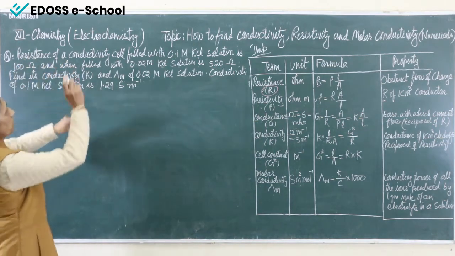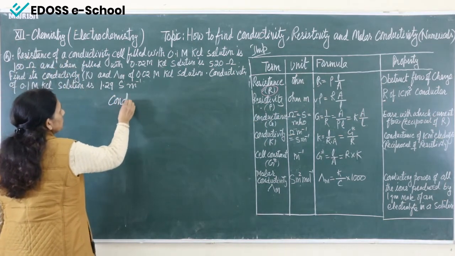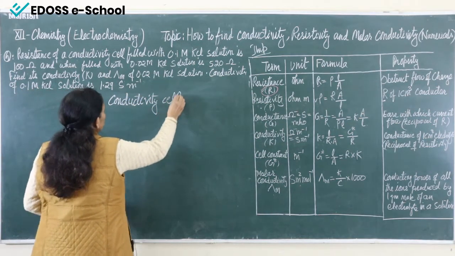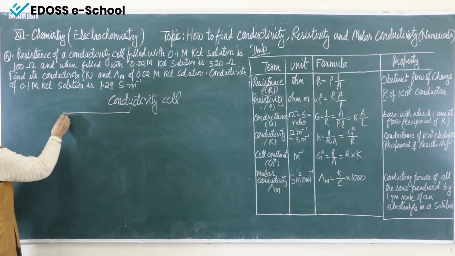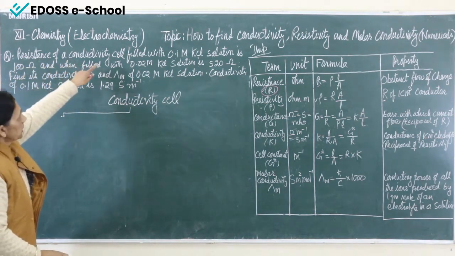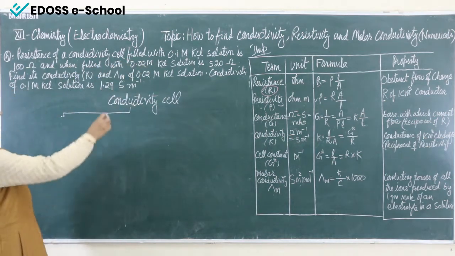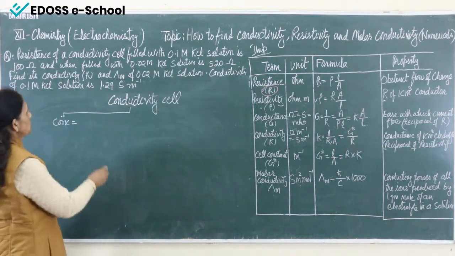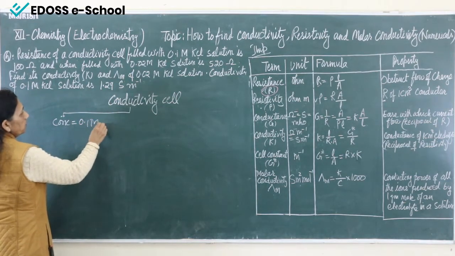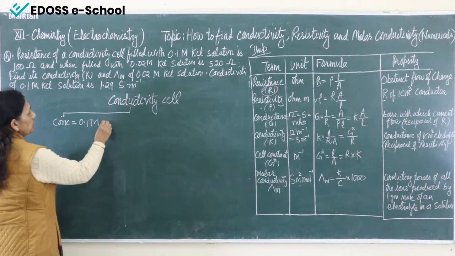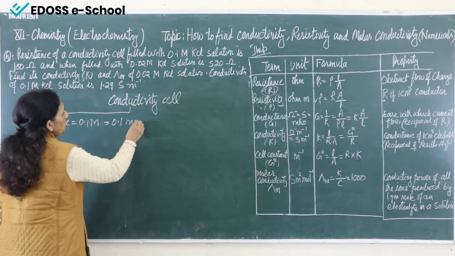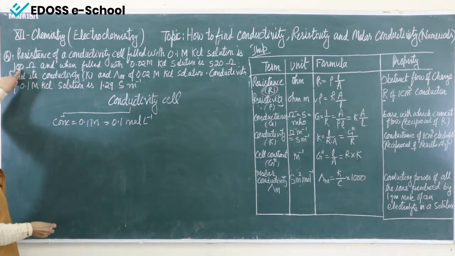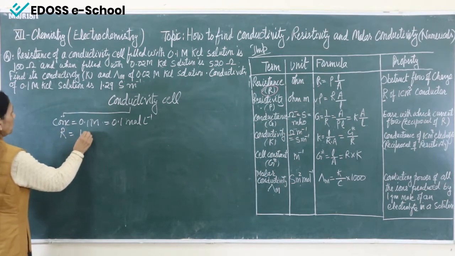See here, this is the conductivity cell, and the first part is the resistance of a conductivity cell filled with 0.1, that means this is the concentration. Concentration is 0.1 M, or we can say 0.1 mole per liter, and resistance is given, R is equal to 100 ohm.